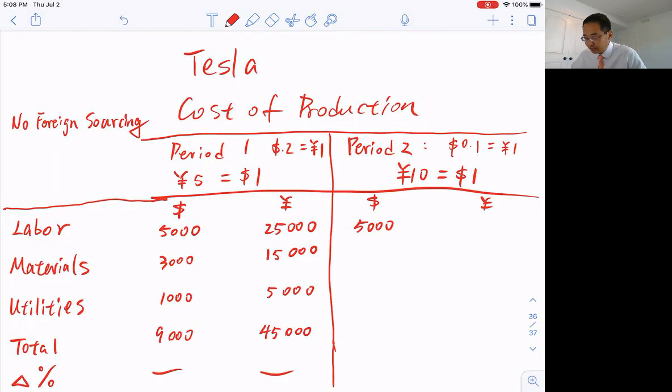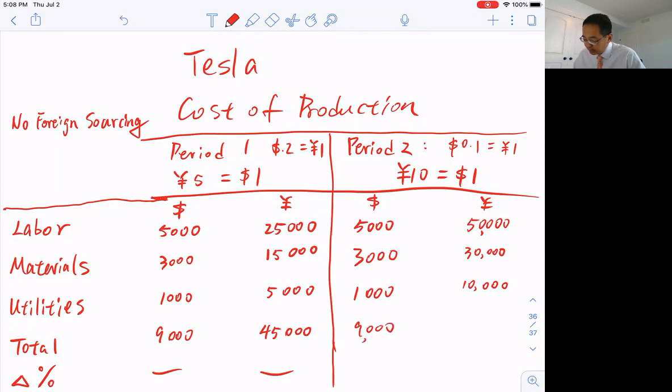It's still $5,000, but now that is the equivalent of 50,000 yuan. Similarly, materials is still $3,000, but now that is 30,000 yuan. And utilities they pay is still $1,000, now that's 10,000 yuan.